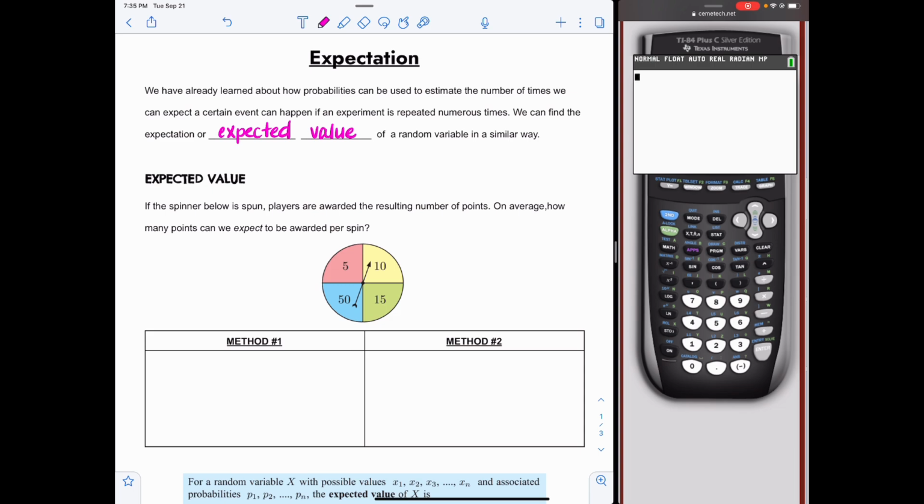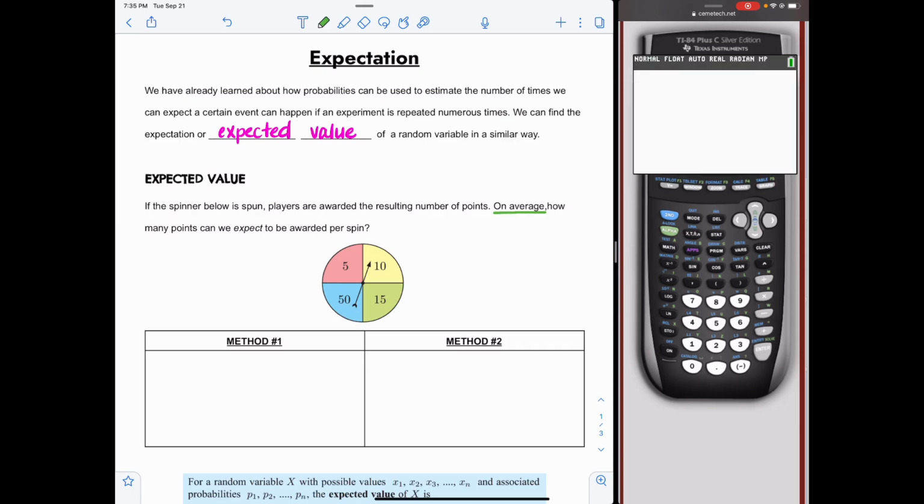So our expected value, we're going to use an example to get into this. If the spinner below is spun, players are awarded the resulting number of points. It says, on average, how many points can we expect to be awarded per spin? There are two ways that we can do this.